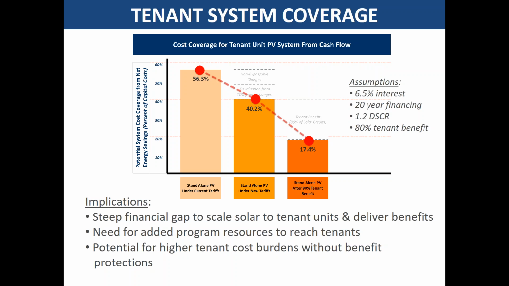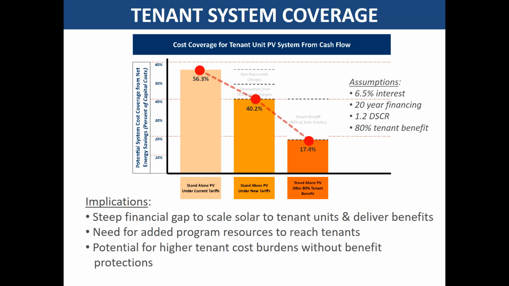And in this regard, tenant benefits mean that some portion of the energy savings that are produced by the PV systems and credited to the tenants on their utility bills would be retained for the exclusive use of the low-income tenant. In other words, that amount of benefit that's being provided to them cannot be recaptured in some way through rent increases or possibly other things.